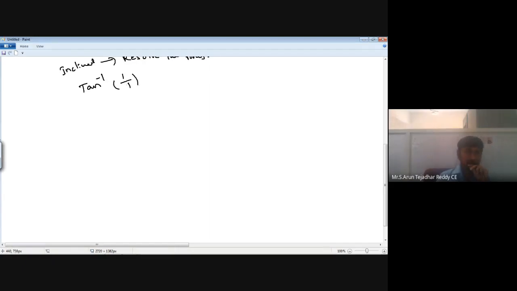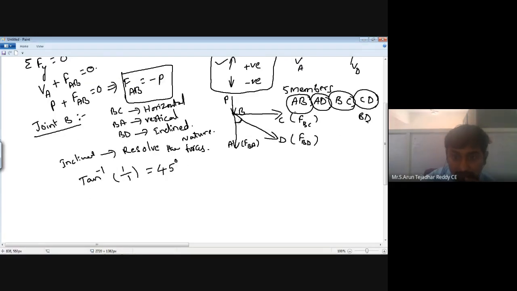Then your angle is 45 degrees. Just write here, because B to D is the inclined member, 45 degrees.